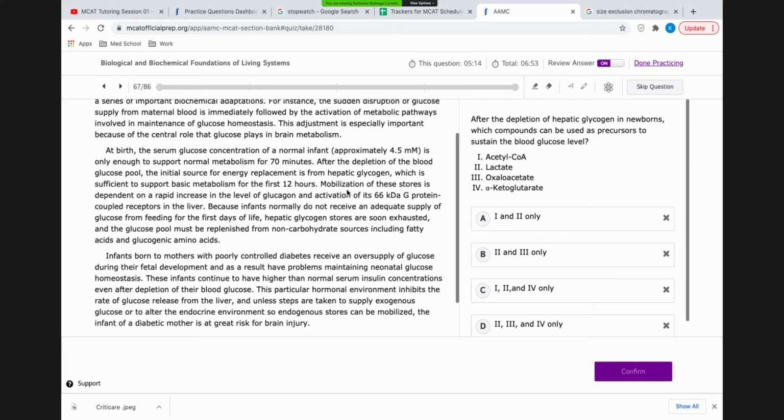So acetyl CoA is what goes into the Krebs cycle, mixes with oxaloacetate to produce citrate, then isocitrate, then maybe alpha ketoglutarate. See, that's the thing, all of them are part of the Krebs cycle.